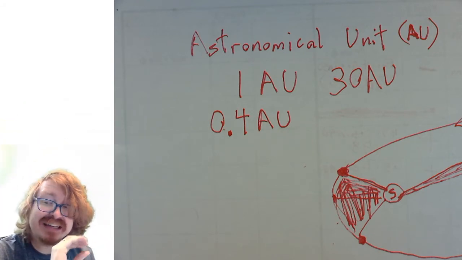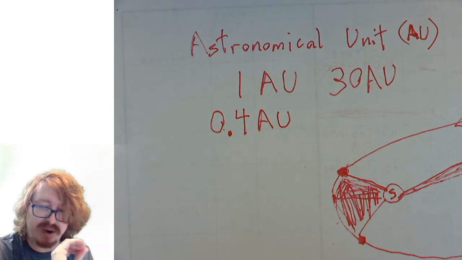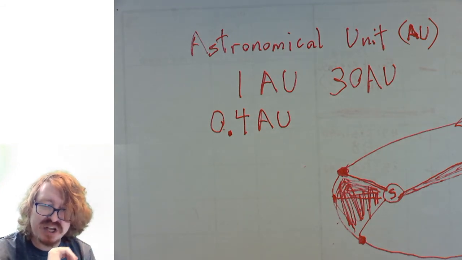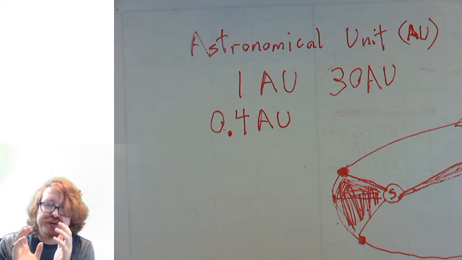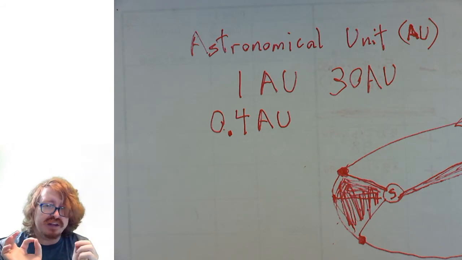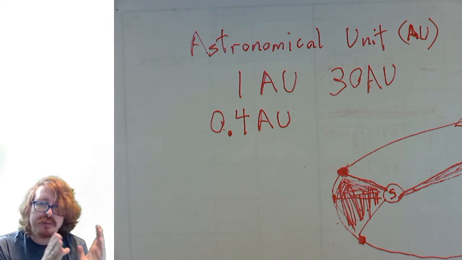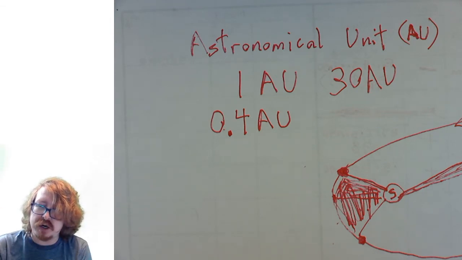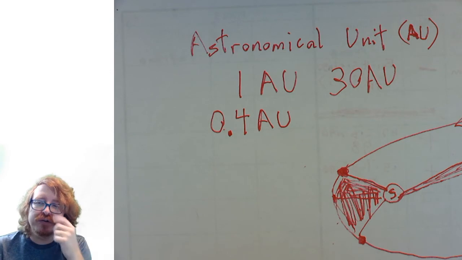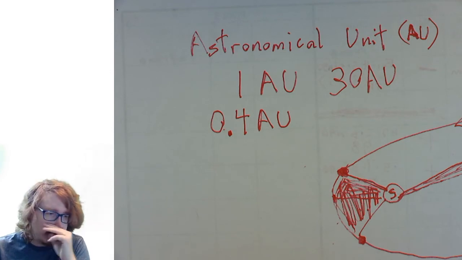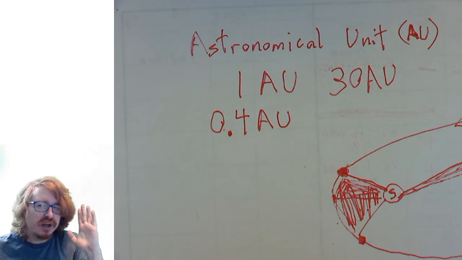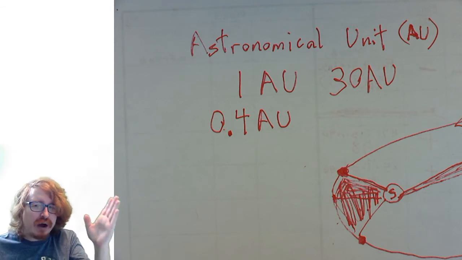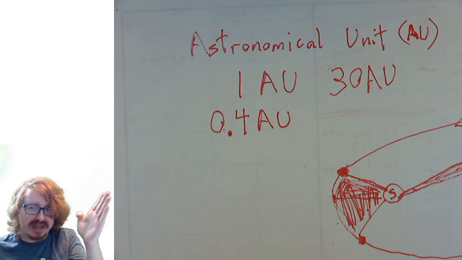Stars are actually too far apart, okay? Just like it was hard to use miles for distances between the planets, so we had to come up with astronomical units to have easier numbers to work with. The closest star to us is over 60,000 astronomical units away.